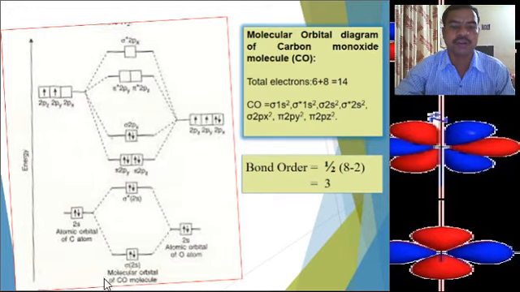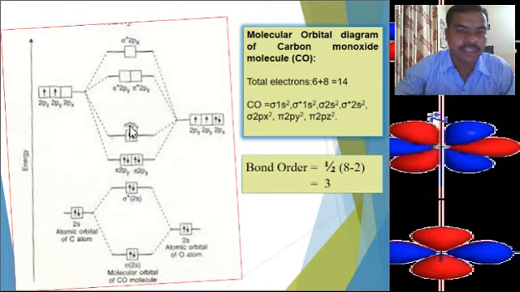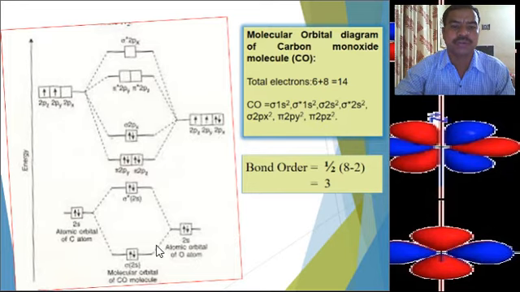These bonding orbitals are filled. Then the 2p orbitals, the distribution of electrons of carbon and oxygen: pi 2py, pi 2pz, and sigma 2px. These are the bonding pairs of electrons in the molecular orbitals of the CO molecule. All these are bonding orbitals and these are the anti-bonding molecular orbitals.